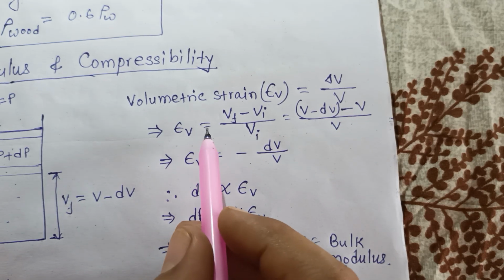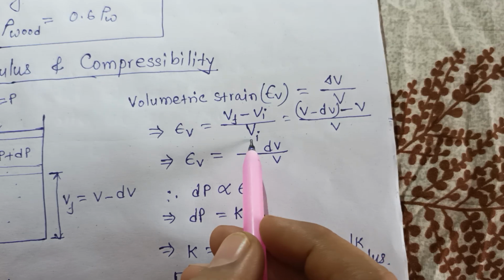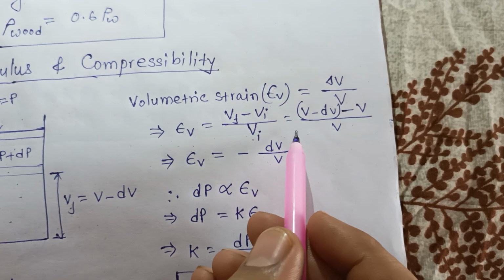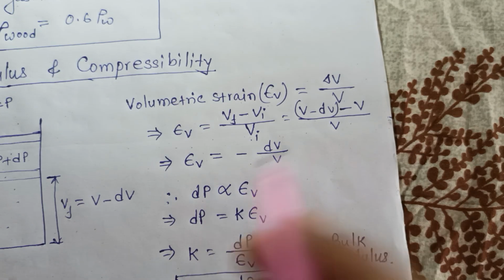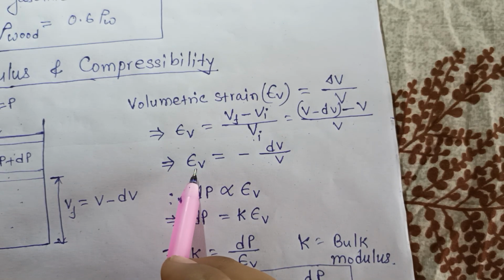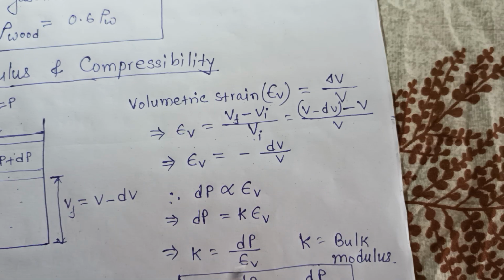So epsilon V equals V final minus V initial by V initial, that is V minus dV by V minus V by V. So from here, epsilon V equals minus dV by V.